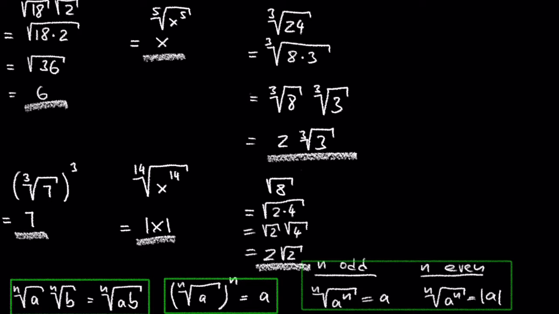Let's look at the square root of 50x cubed. Again, how can we factor the expression under the root with the goal to find the largest perfect powers possible? Let's try to write the expression under the root as 25 times 2 times x squared times x.